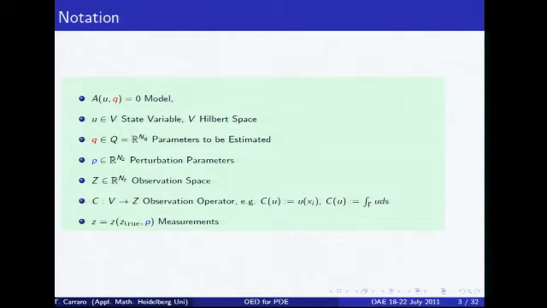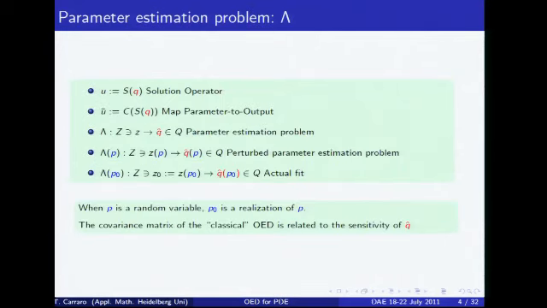Z is an observation space, and I define C an observation operator, which can be a point measurement, a line measurement, or whatever. And I consider a model for the errors, which is a function of the true value of the data perturbed by a perturbation parameter.